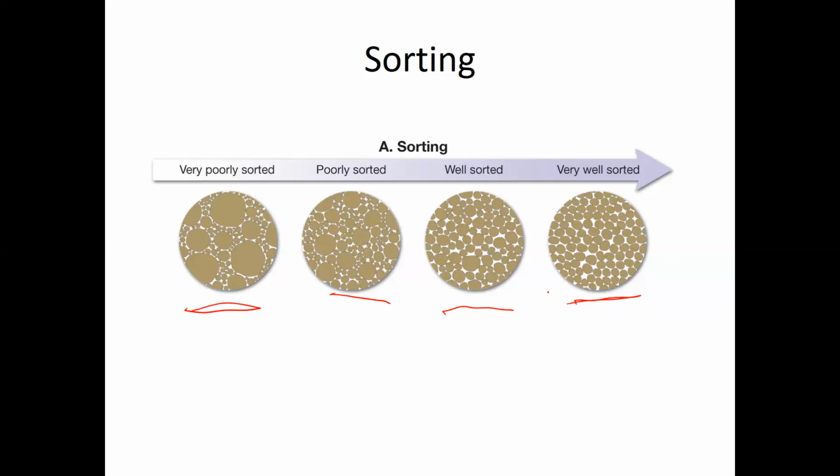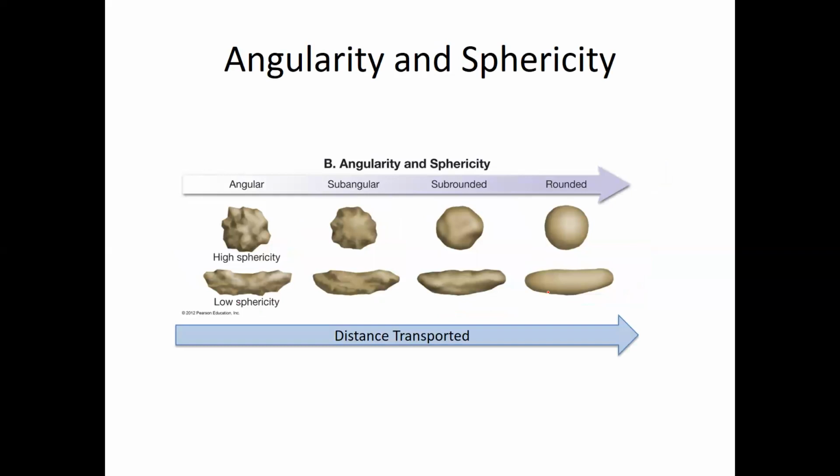So the more energetic the water is, the more poorly sorted the sediment, and the slower the water, the less energy it has, the more well sorted the sediment. So you'll notice at a beach, you have fairly well sorted sediment, often sand, because by the time the rivers get to the beach, they're moving fairly slow.